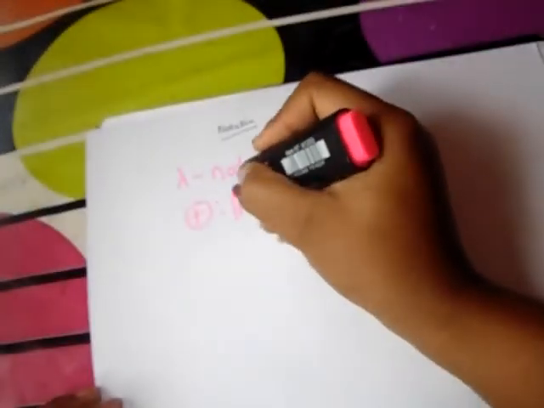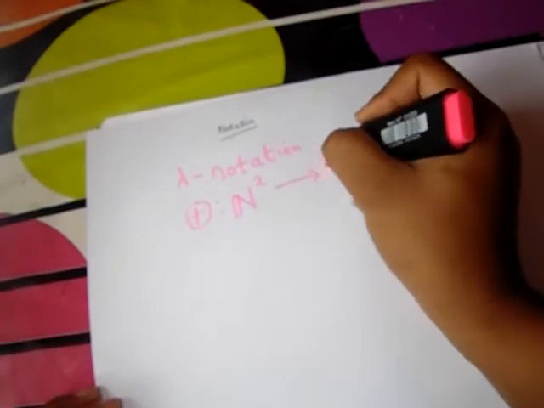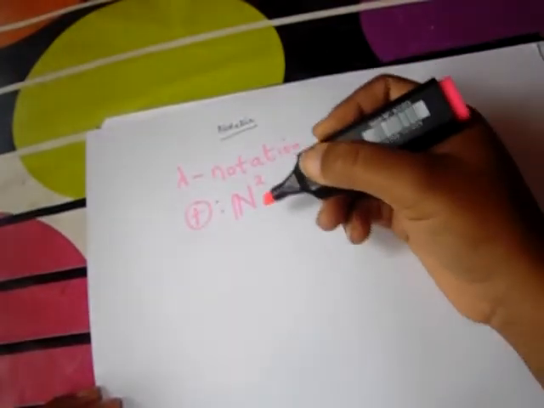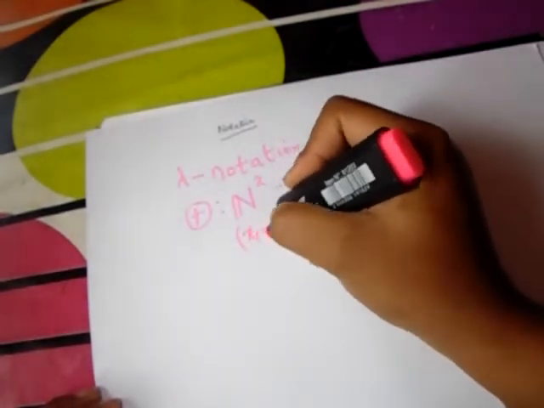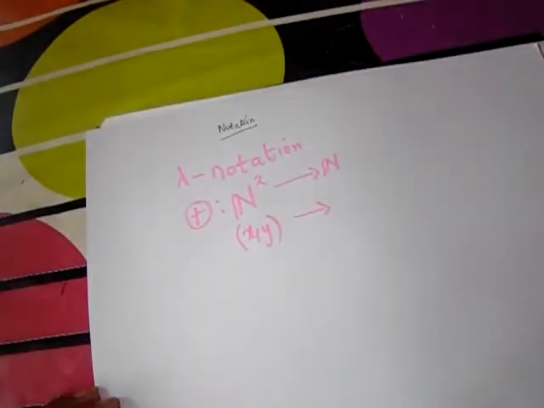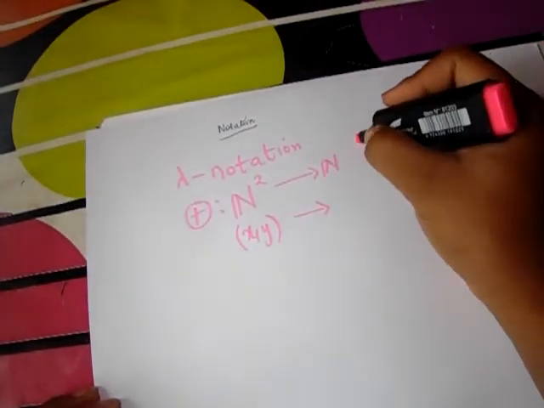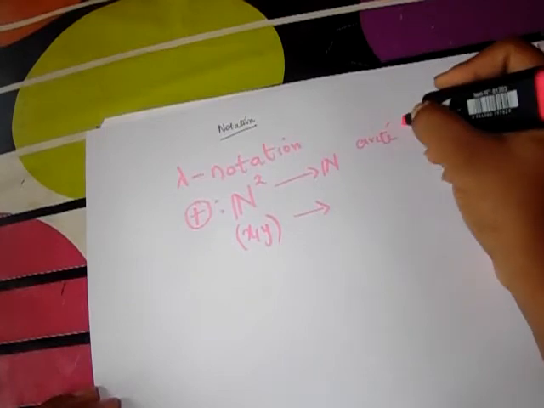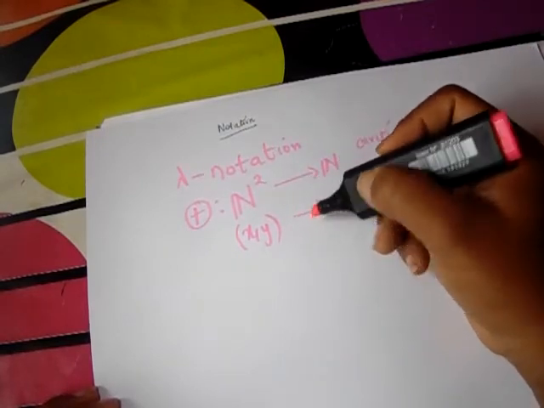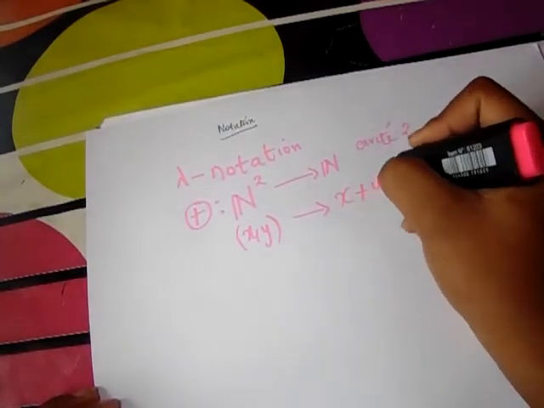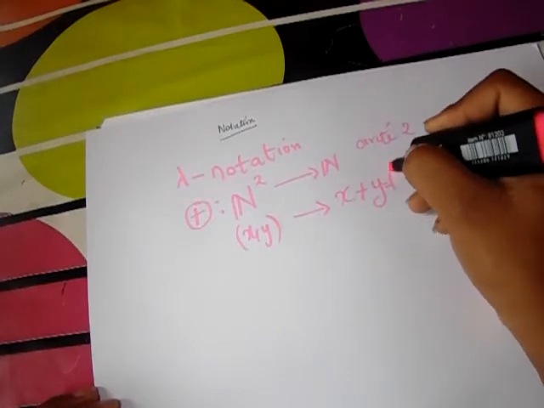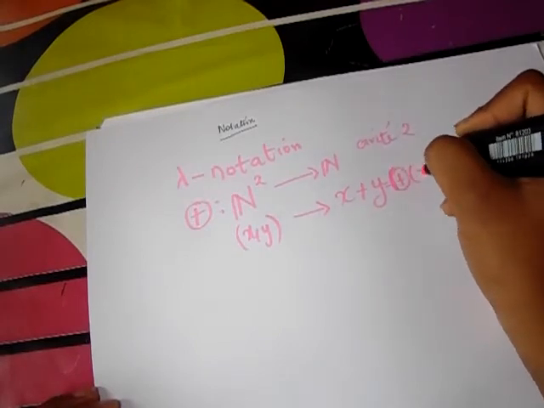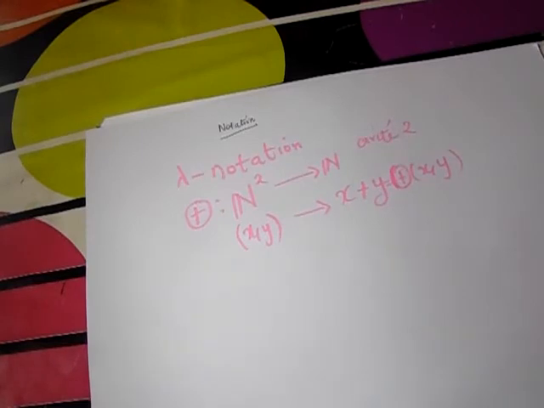I have n to the power 2 of n. I have two variables, so this is N squared, x, y, and I'm having it defined as x plus y. This is how we do it.